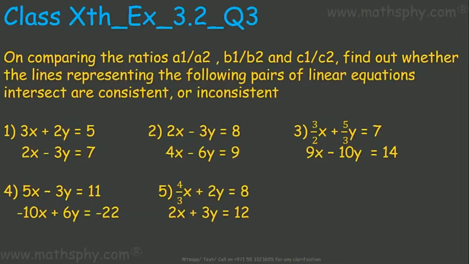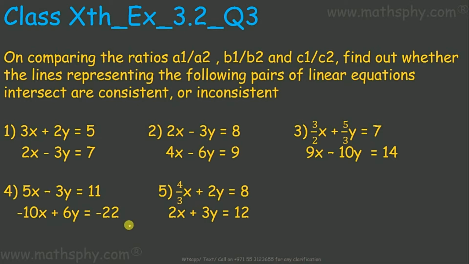Done? This question is almost the same as what we have just completed. From the ratios of a1 over a2, b1 over b2, c1 over c2, we have to find out whether these pairs of linear equations give consistent or inconsistent solutions.